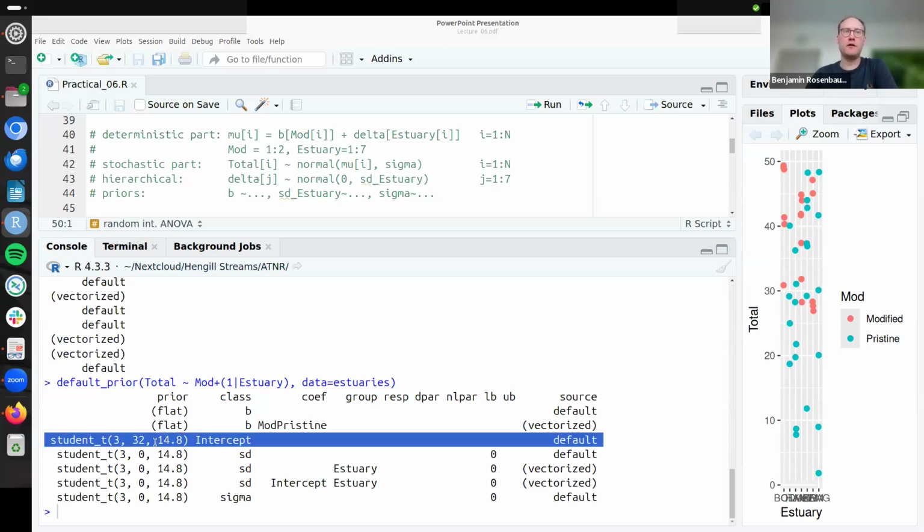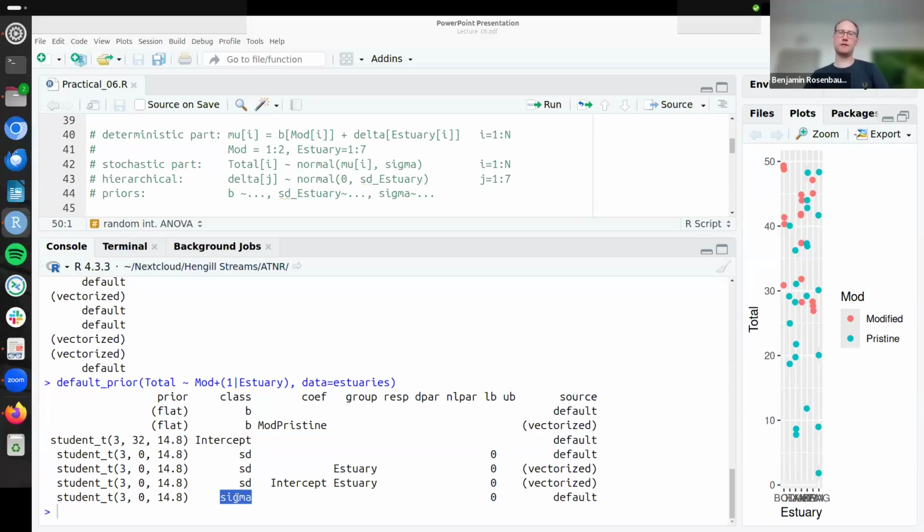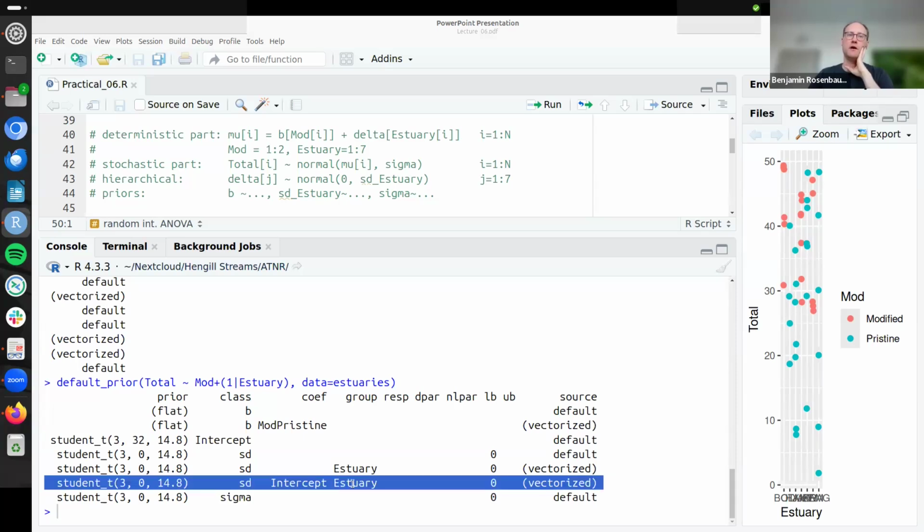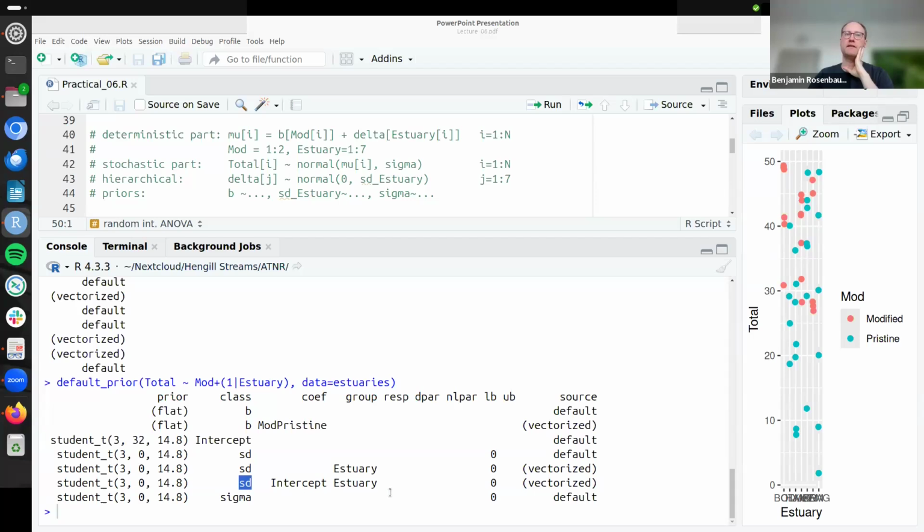So that's a prior for the overall intercept. And then sigma is the residual standard deviation, and SD here is the estuary random effect standard deviation. And BRMS takes care of that. So some default priors for all of these hierarchical model structures are already given. So we don't have to specify them unless we have a specific reason to.